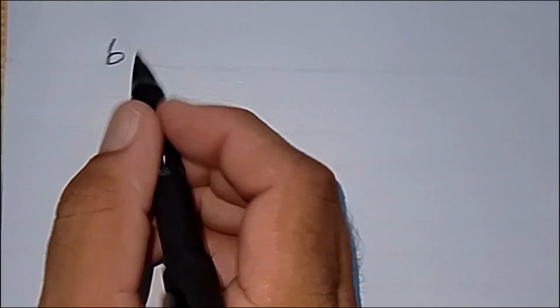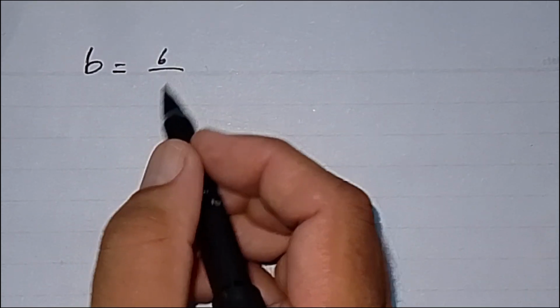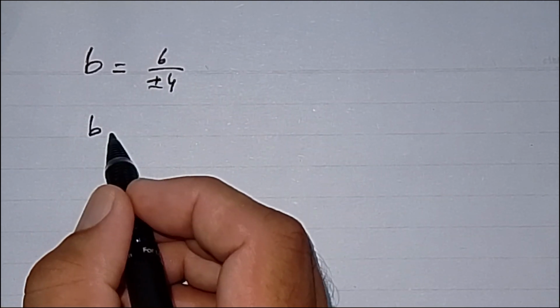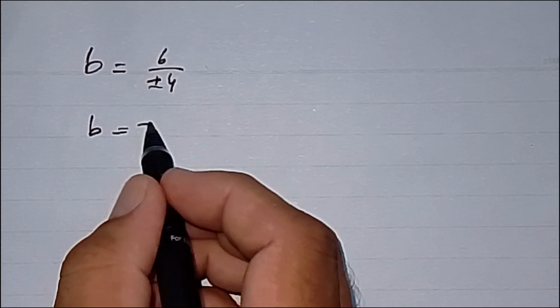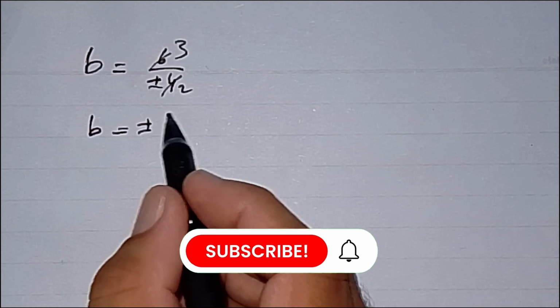Then b is equal to 6 over plus minus 4. Then b is equal to plus minus 3 by 2.